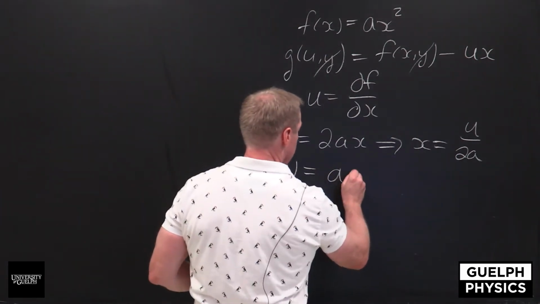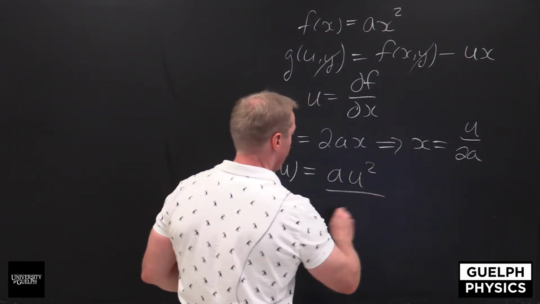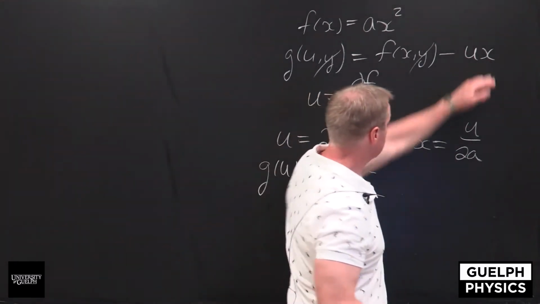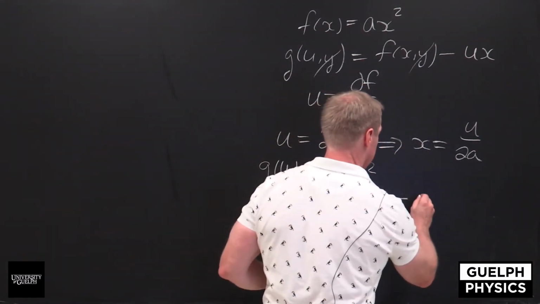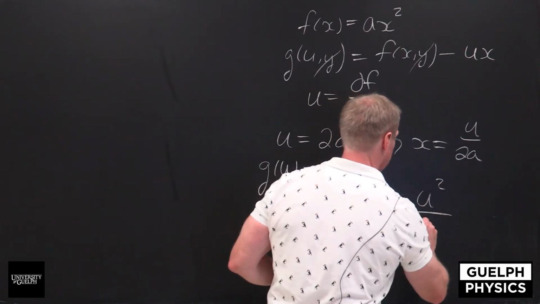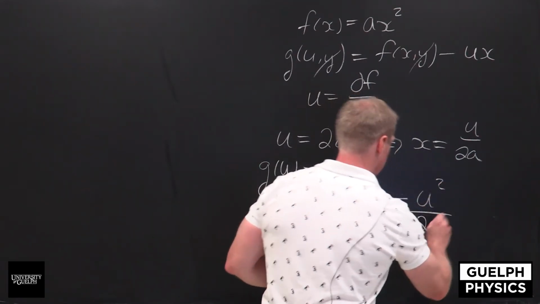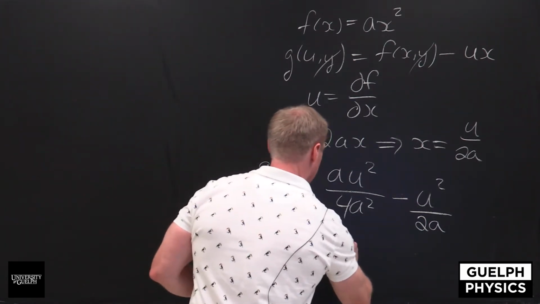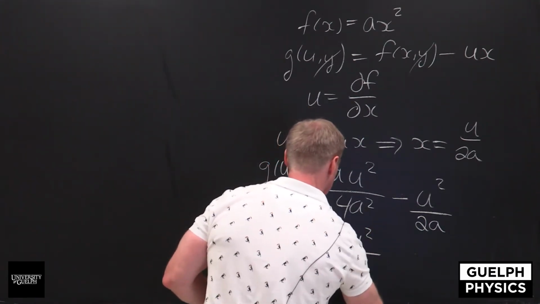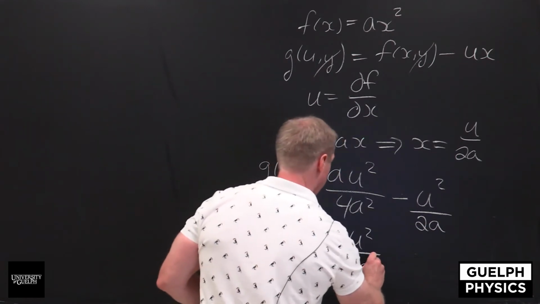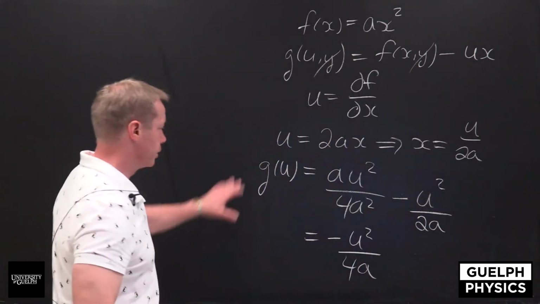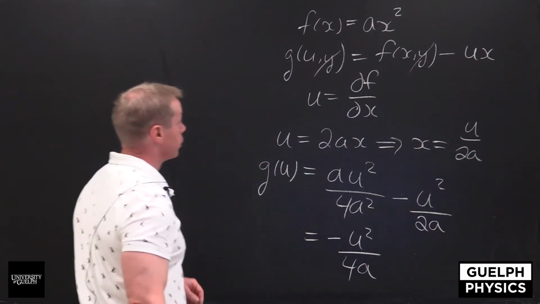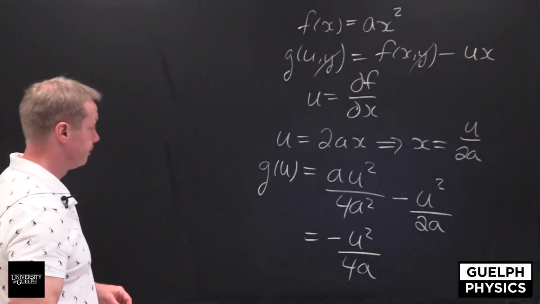So that's a u squared over 4a squared, and then I subtract u times x. So I subtract u squared over 2a, and this yields a minus u squared over 4a. And this is my new function after applying the Legendre transformation.